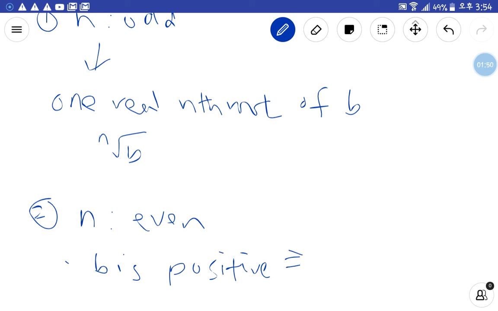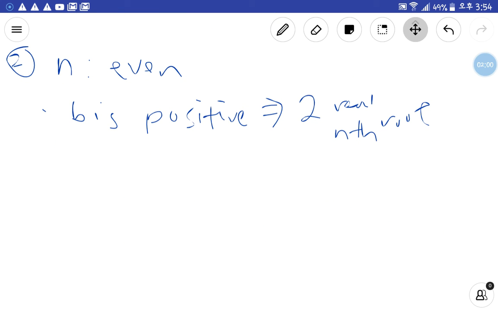Then you have two real nth roots of b. And this time, we specially call the positive root the principal root, or principal nth root, and it is denoted as the nth root of b. If that is positive, how do you call it? Principal root.